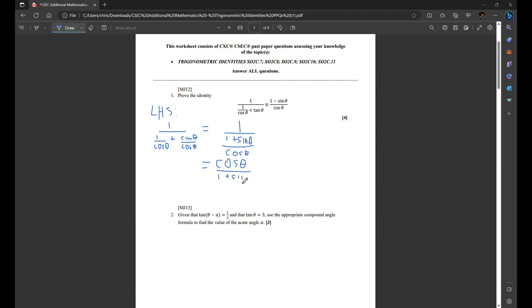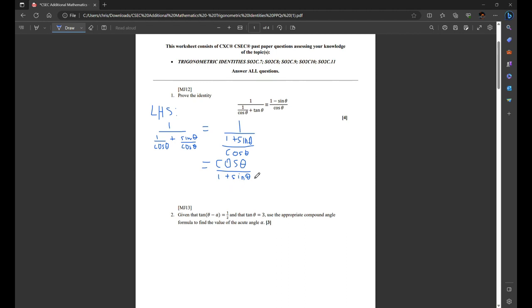So you're probably thinking that's not what they have there on the right-hand side. But what we can do with this now is multiply it by its conjugate. What a conjugate means is that for the sign in between the terms, you just change the sign. So basically what I'm going to do is multiply this by 1 minus sine theta.